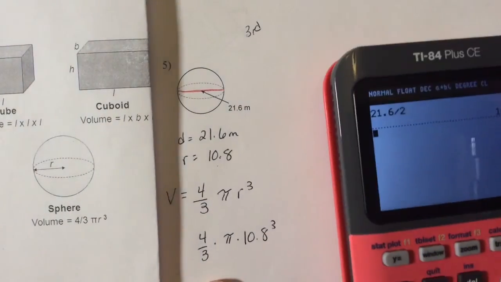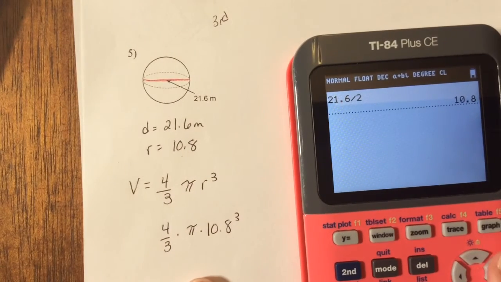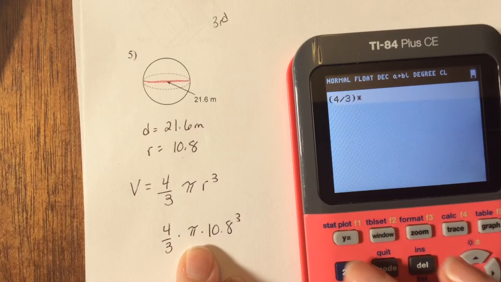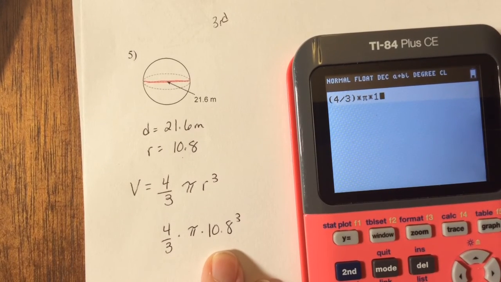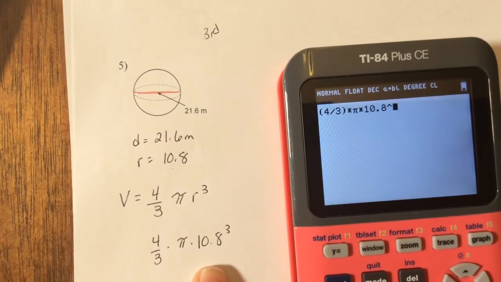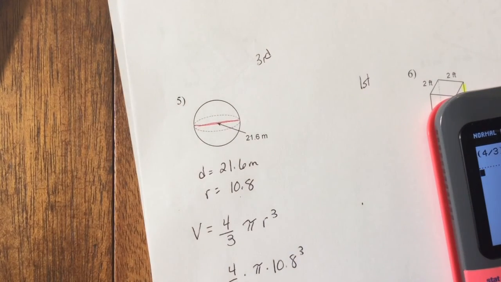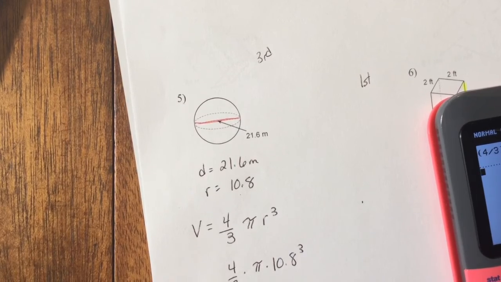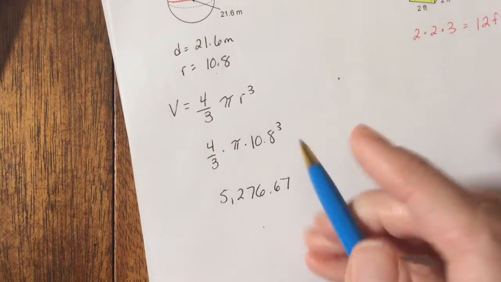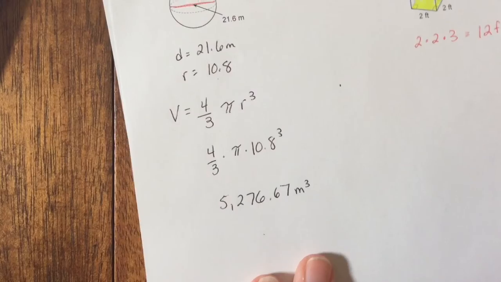So 4 divided by 3, I'll put it in parentheses, times pi times 10.8, and I'm hitting the up arrow raised to the third. It's 5,276.67, and that's meters cubed.